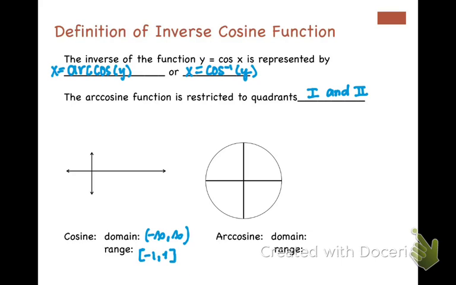That means arc cosine's domain is going to be -1 to 1. But its range, remember, that gets restricted. That's now going to be from 0 to 180 degrees, or pi radians. So we're going to be in these two quadrants here, just across the top. That's all.